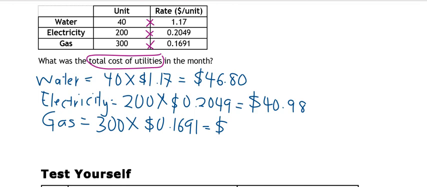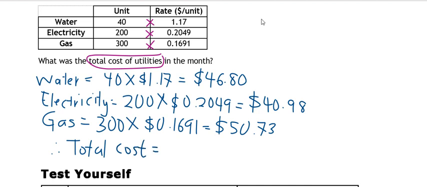So the total that you will have here for gas is $50.73. Therefore, for the total cost of utilities, you have to add everything up. So $46.80 plus $40.98 plus $50.73 will give you $138.51.